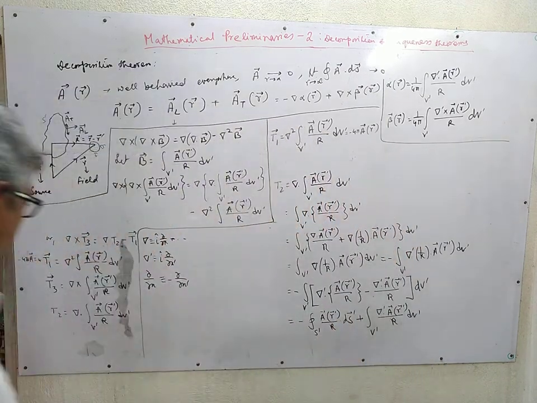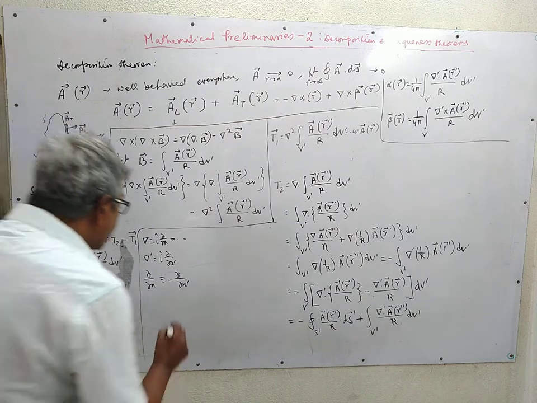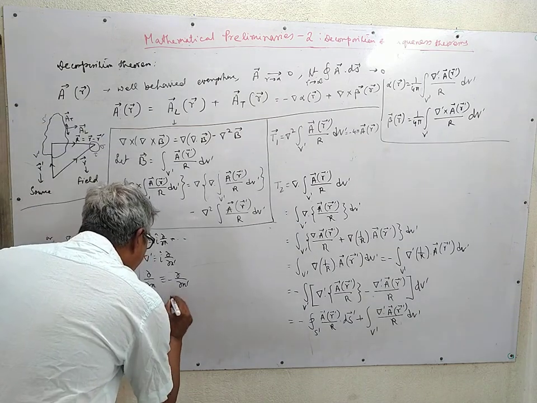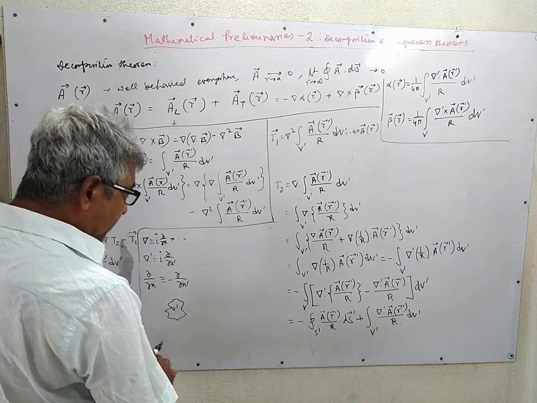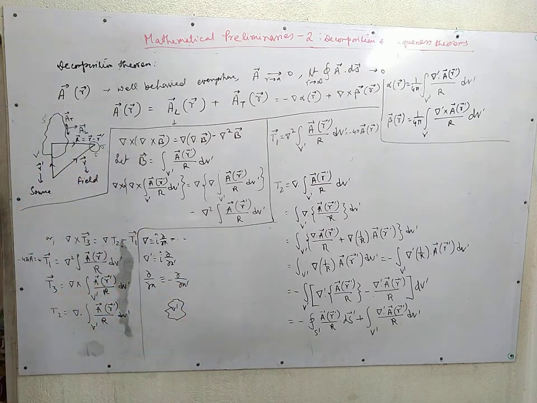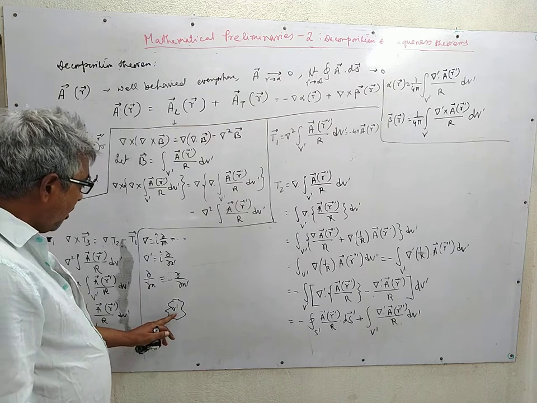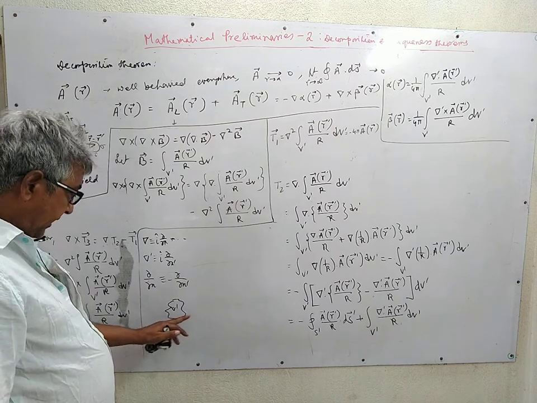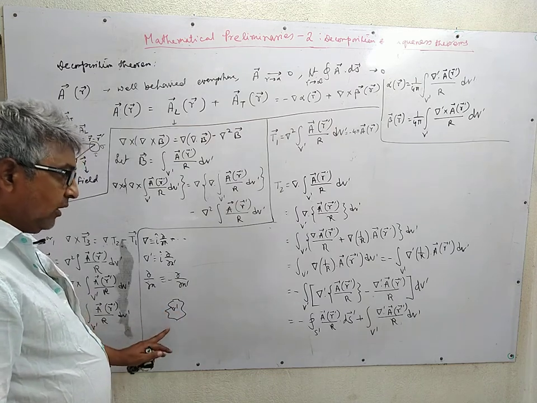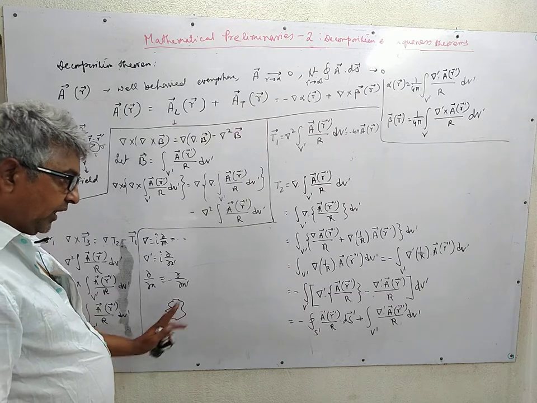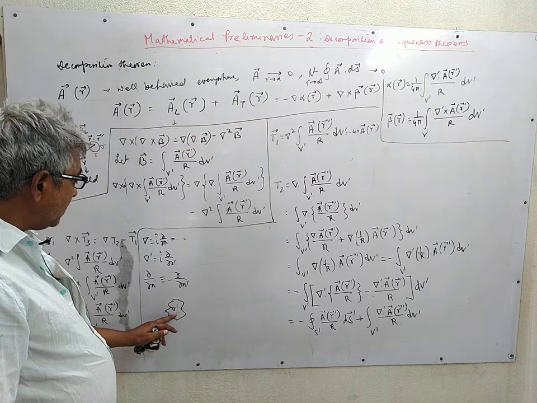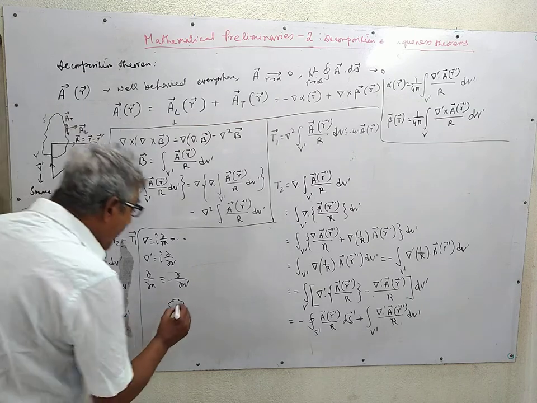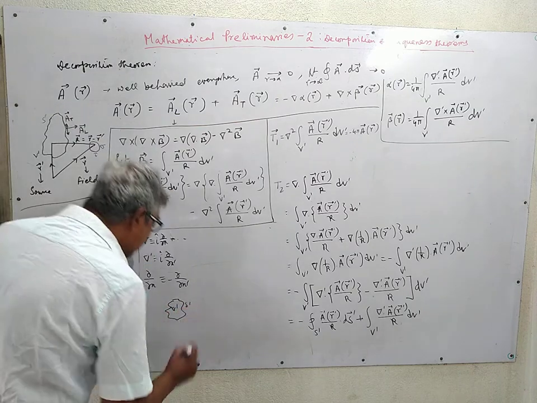Now coming to this surface integration, say this is the volume V prime, where the sources, meaning divergence of A and curl of A, are non-zero only in this region, and outside this region divergence and curl of A are 0. That is, the source and vortex terms persist only within V prime, and V prime is bounded by the surface S prime.